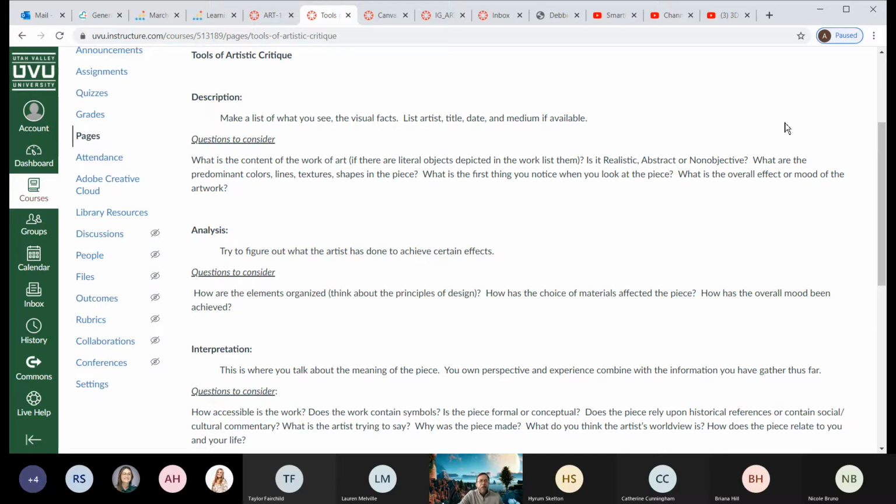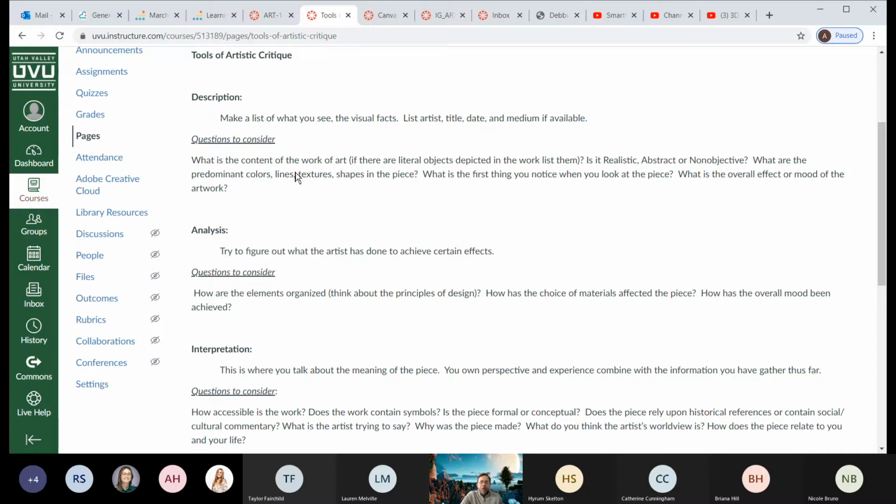As we move forward to this last segment of the Tools of Artistic Critique module, what I would like you to do is plan beforehand when you are doing your critique, not necessarily everything that you're going to say, but have in your mind at least one question to discuss from each of these 4 steps.